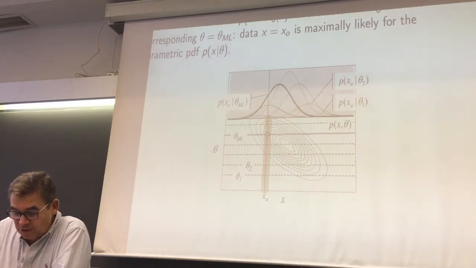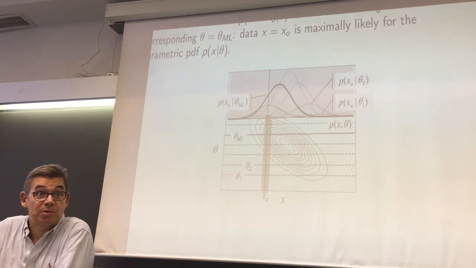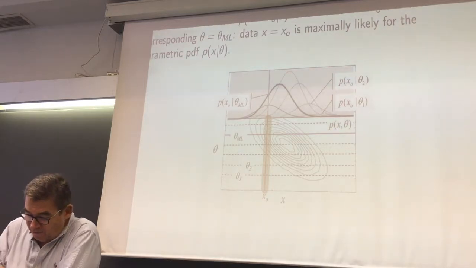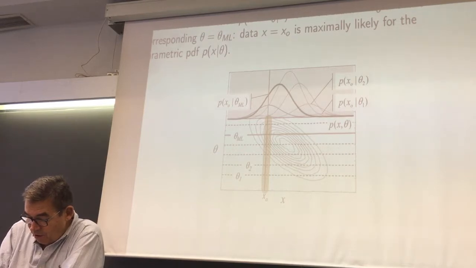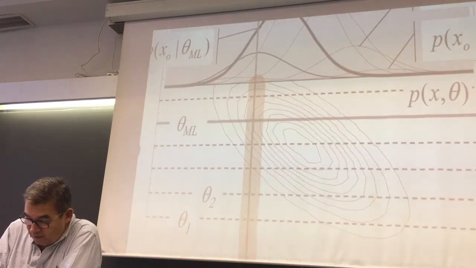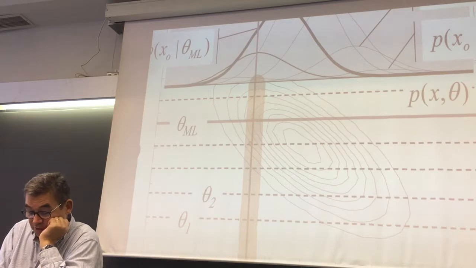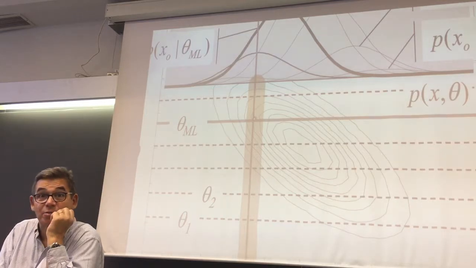I want to find the set of parameters that maximize the corresponding probability. If I cut it here, it's not the maximum, because I have a contour, and the contour represents the corresponding probability density function. I need to cut here, because when I cut it here, that is the maximum probability. Then it's going down again.